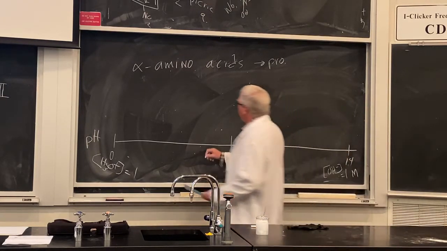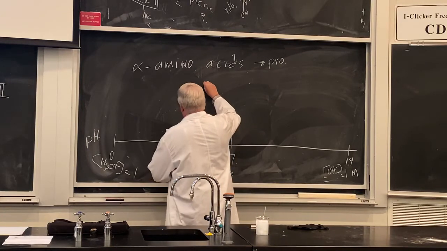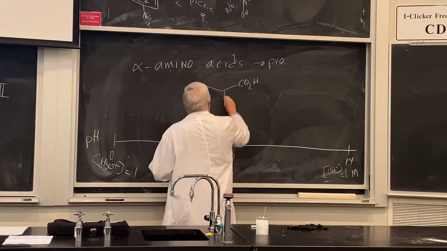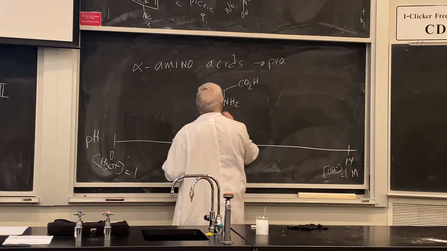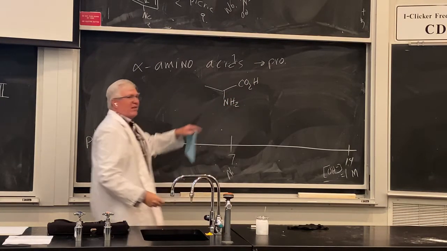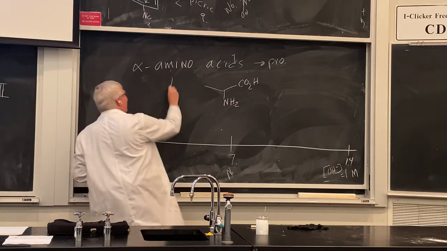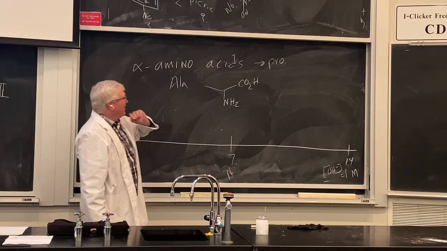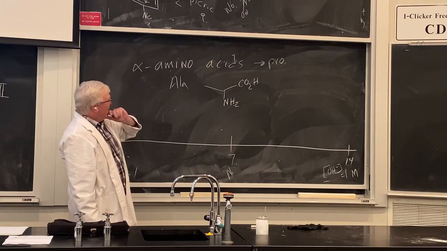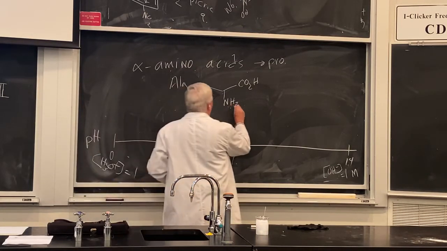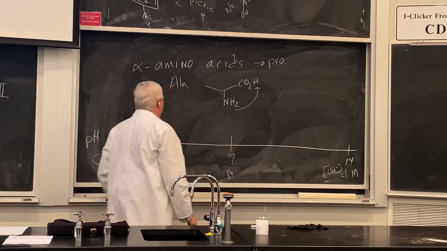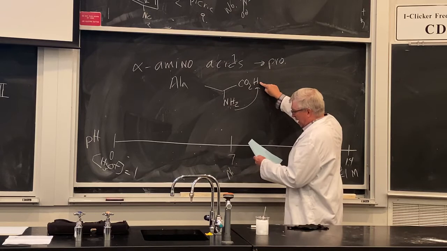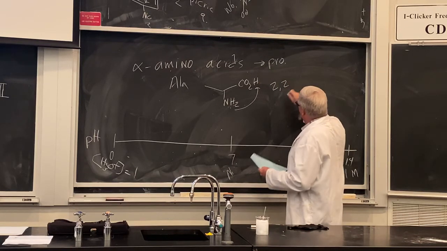All right, so we've got a carboxylic acid here, and we've got our ammonium group. Okay, and we've got a methyl group here. That's a generic one. That's actually alanine. One of the 20 amino acids. And so what do we got here? Well, we've got the ability to grab a base and deprotonate there. The pKa of this is about 2.2.